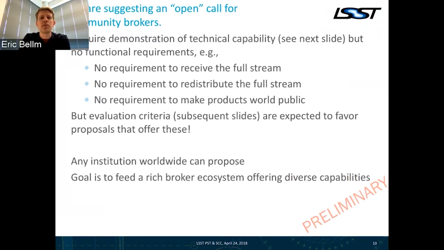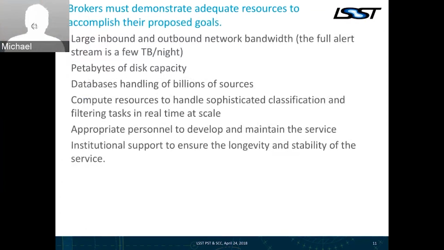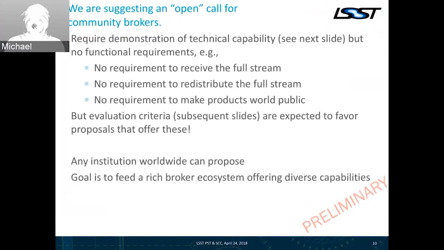So, this is a judgment call, and I think it's one area in particular where your reactions are useful. So the subtext, if I may, is that you expect that there will be at least a few brokers that will, in practice, serve that broader community and will make the products world public.